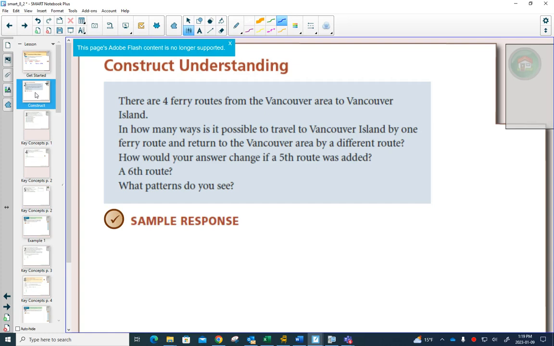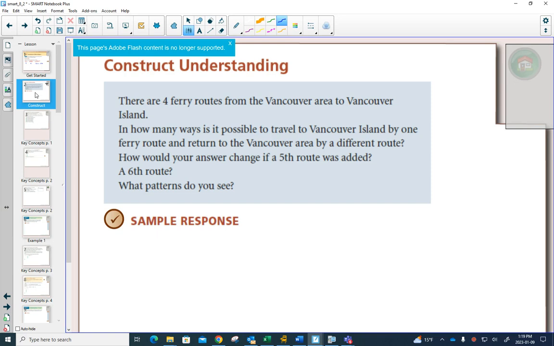So the idea of those was we made a space for every decision that needed to be made, and then in each space, in each decision, you wrote down how many choices you had. So if you're traveling from Vancouver to Vancouver Island and back, you have 2 decisions to make.